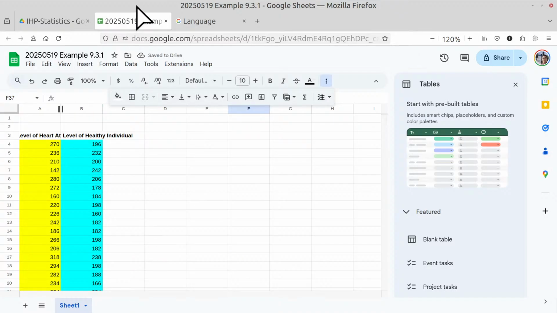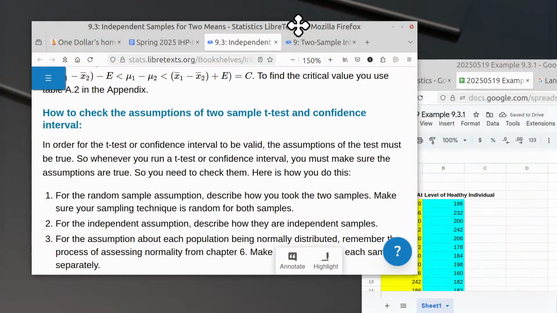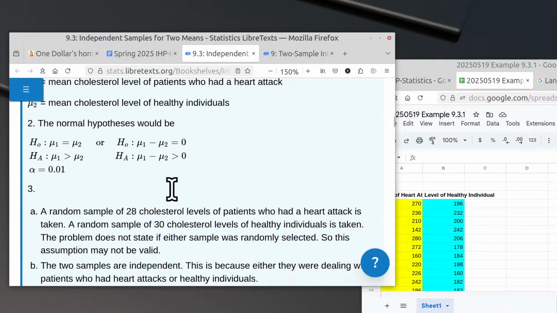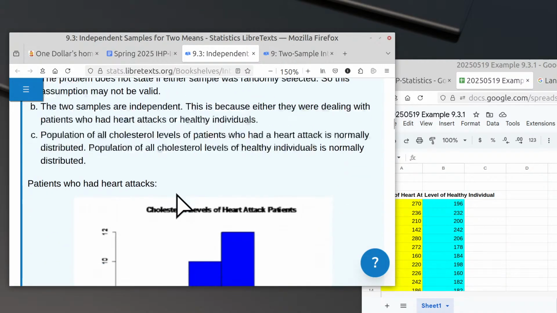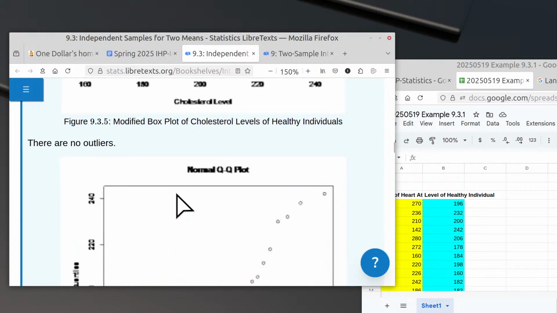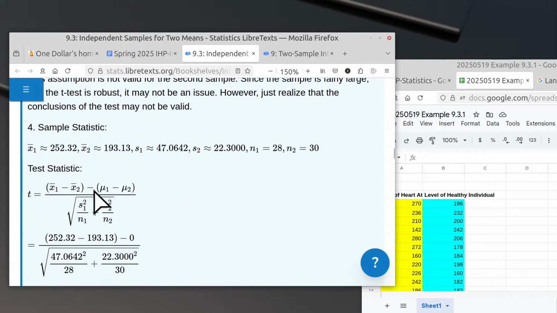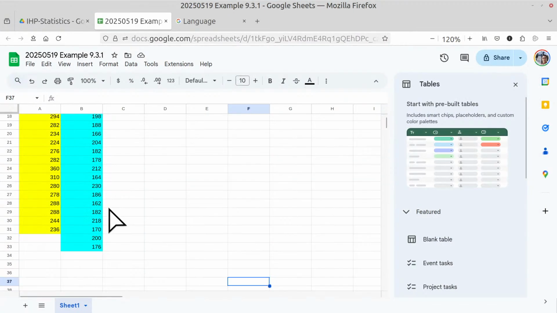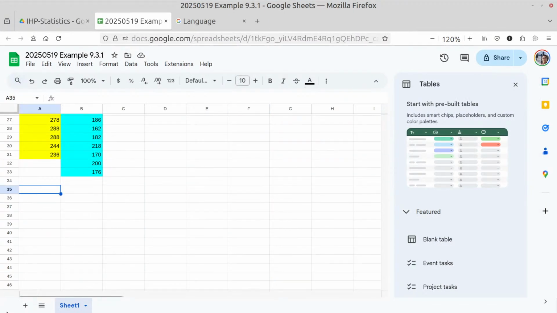First, to calculate x bar, which means the average of that one, we can use this. Here, mean.